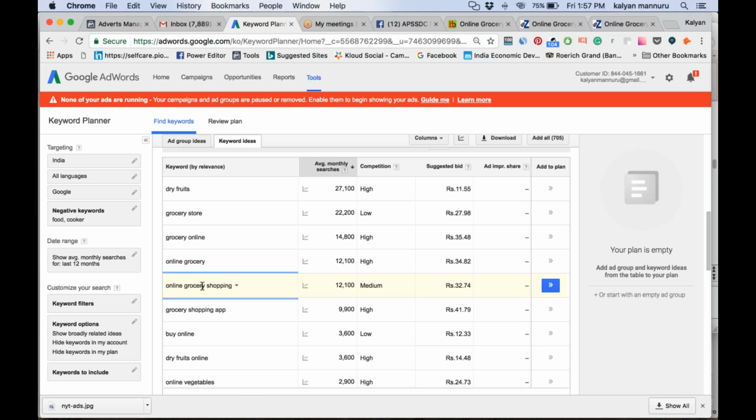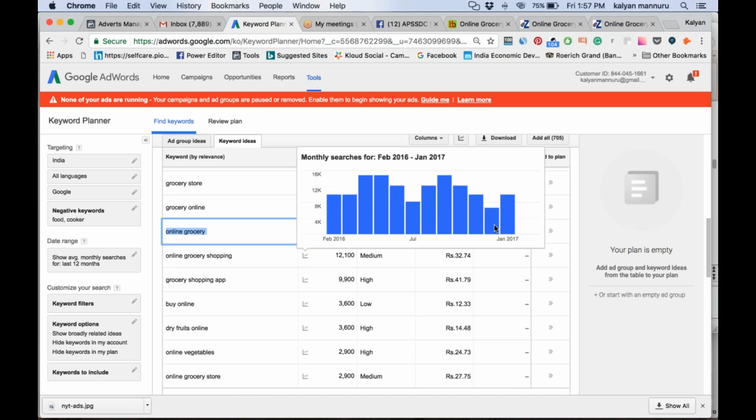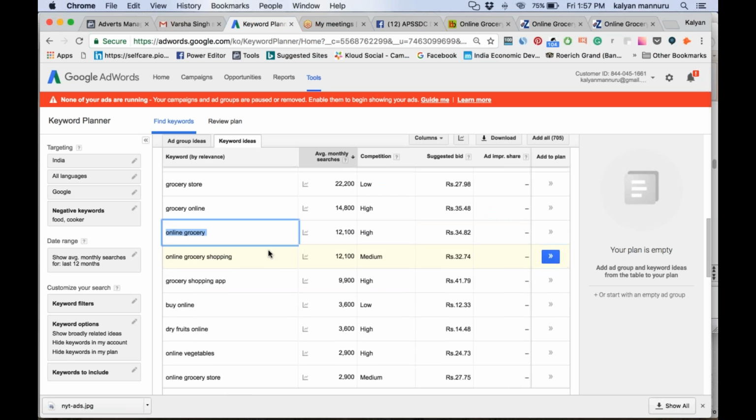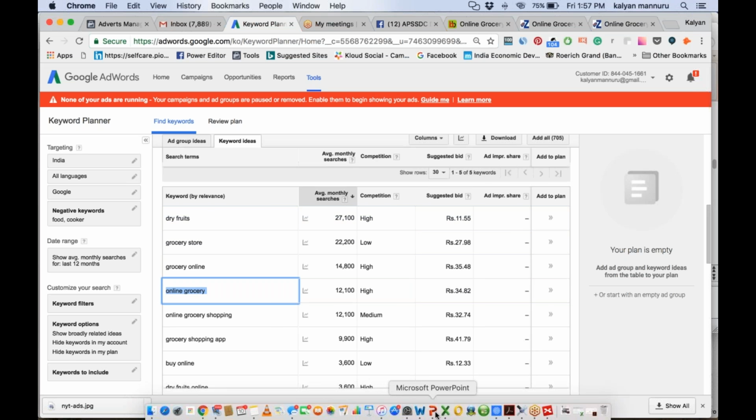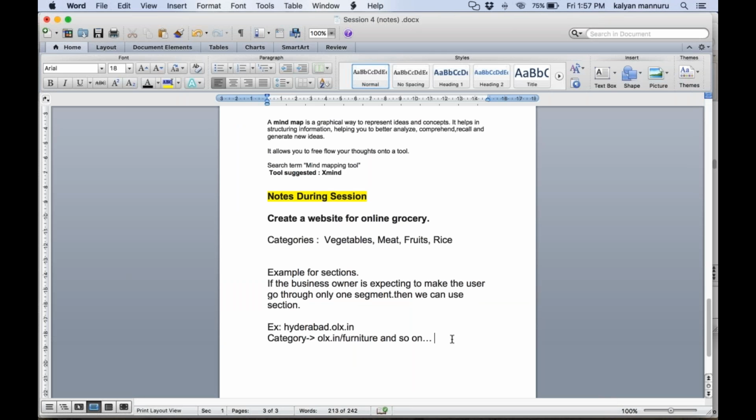So if I have online grocery shopping as a URL, that is enough to also cover this segment of people where 12,000 searches are happening, right? So how to figure that out? For that, you should look at ad groups. Ad group is nothing but, let me write that for you.